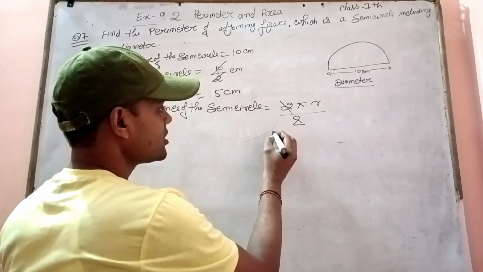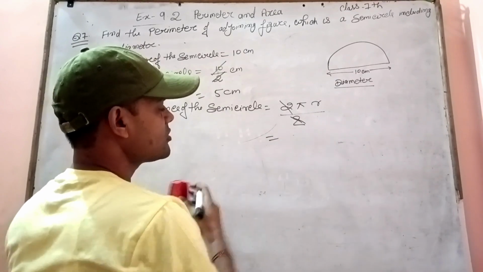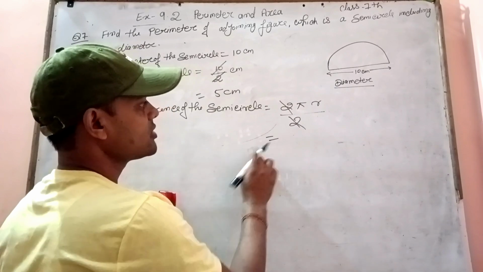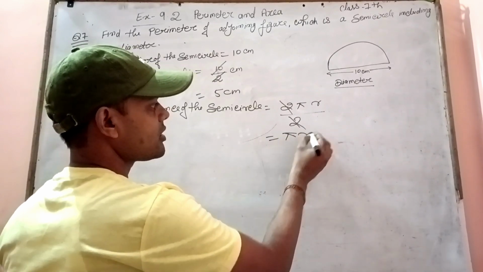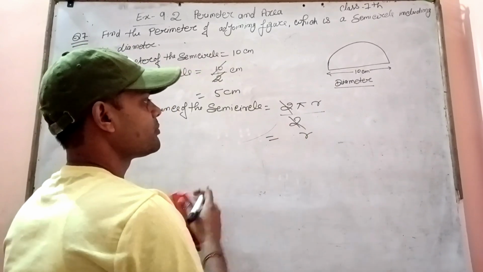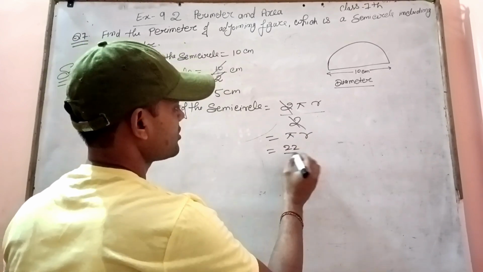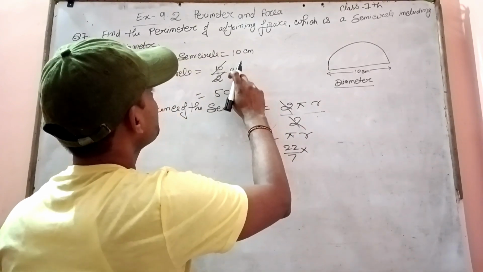The 2 cancels out. This is pi r. Pi r is equal to 22 by 7 into radius. Radius is equal to 5 centimeter.